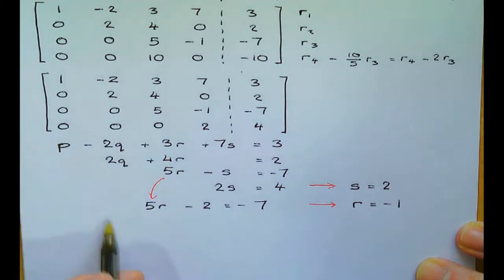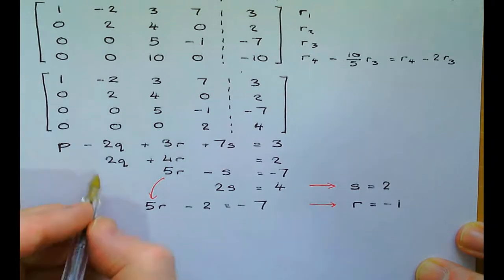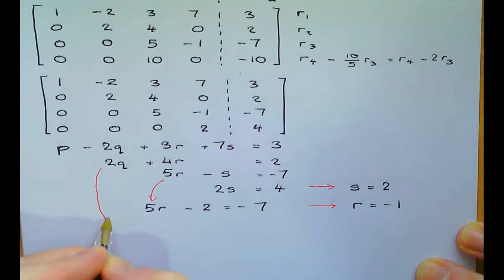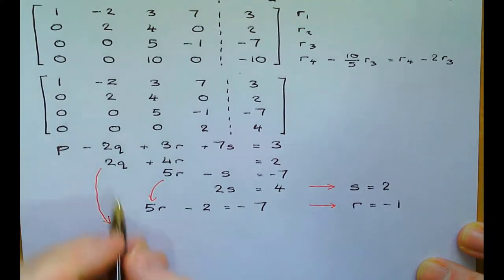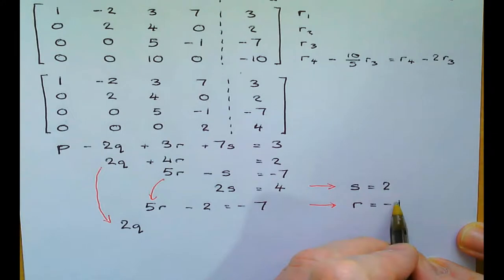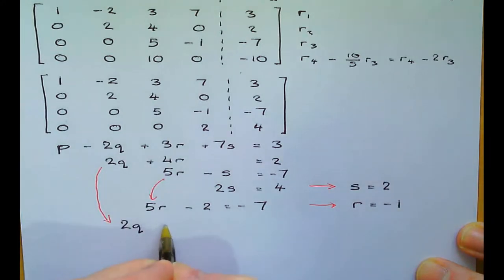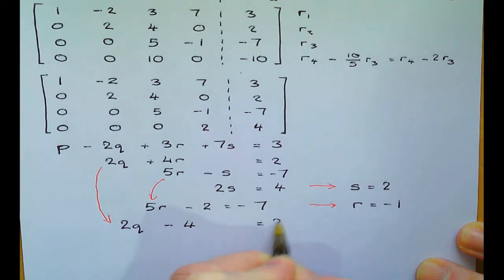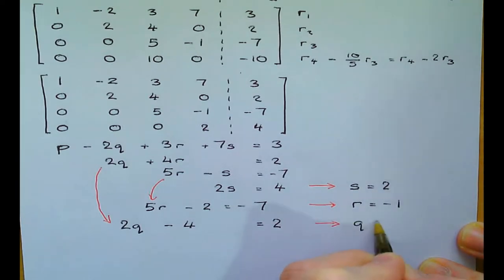Then move back to the second equation. This one now tells us that 2Q plus 4R, well, 4R is minus 4, 2Q minus 4 is equal to 2, 2Q is equal to 6, so Q is equal to 3.